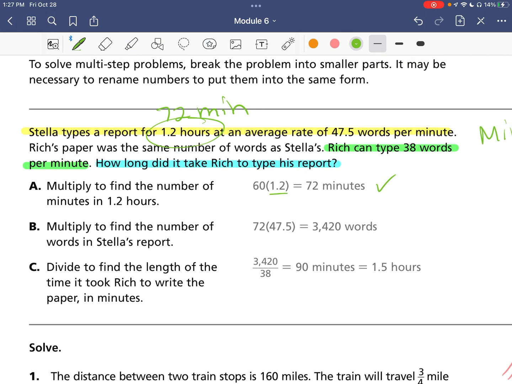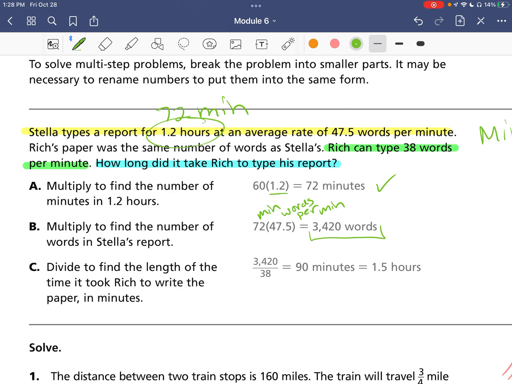So here we're doing our minutes times our words per minute, our rate. And we find out that the report is 3,420 words total. Okay, so on her paper, in the computer, 3,420 words.